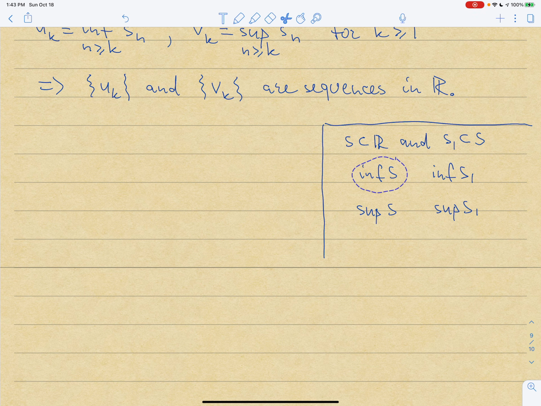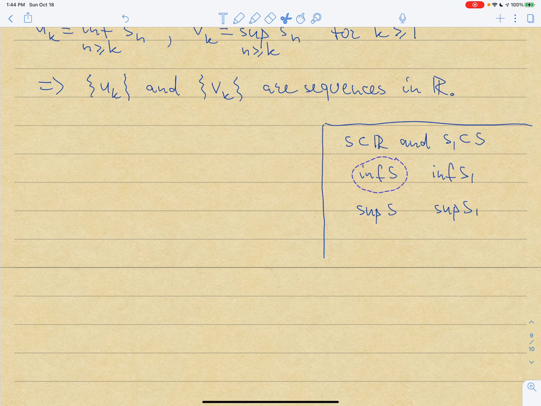If I look at elements which are larger, then they do not affect the lower bound, right? Because if S1 has a lower bound and I start adding to S1 elements that are larger than this lower bound, the lower bound is not going to change. But if I add elements which are smaller than this lower bound, then of course the lower bound will not be a lower bound anymore, and it will have to be reduced.